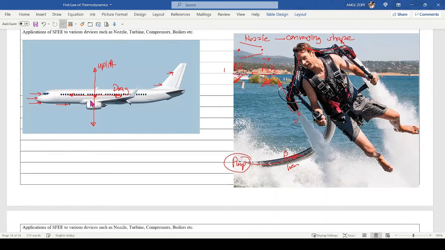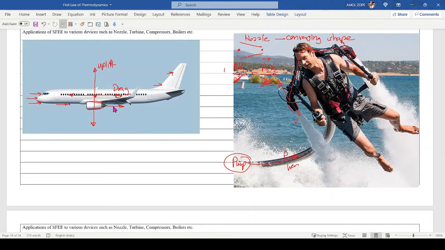So in order to make the aircraft move towards the left hand side, we incorporate one engine, called a jet engine, whose function is to throw the air mass in the opposite direction to the movement of the aircraft.